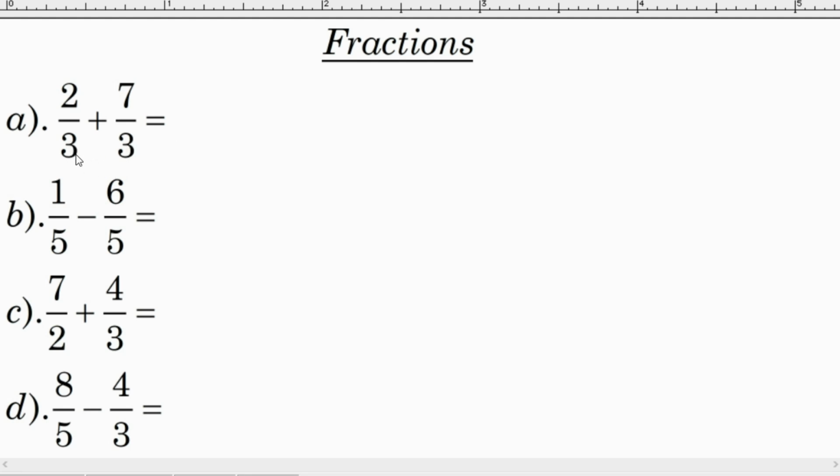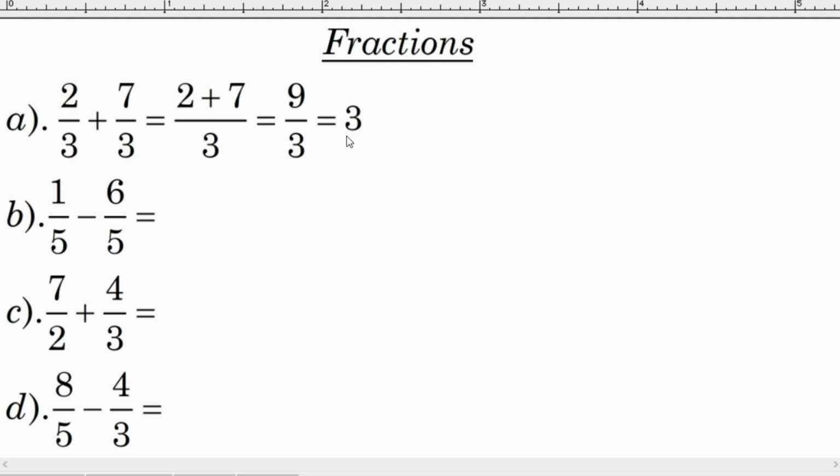The same denominator is 3. So now we take 2 plus 7, which equals 9 divided by 3. 9 divided by 3 equals 3, it's easy, right?